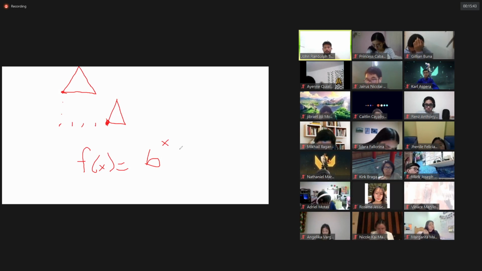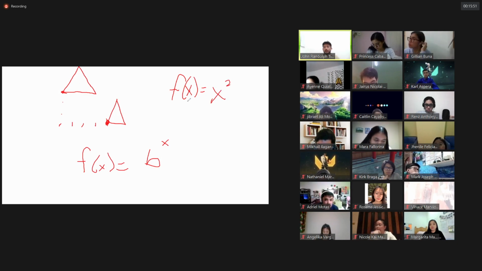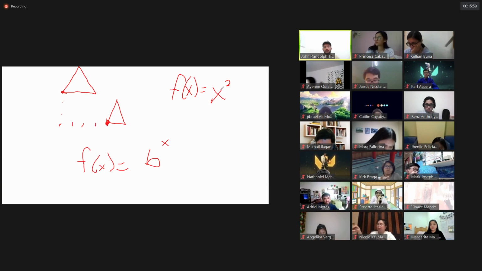So you have an example. Let's just say if you have f of x equals x squared, is this an exponential function or not? F of x equals x squared. It is not an exponential function because the base here is x.